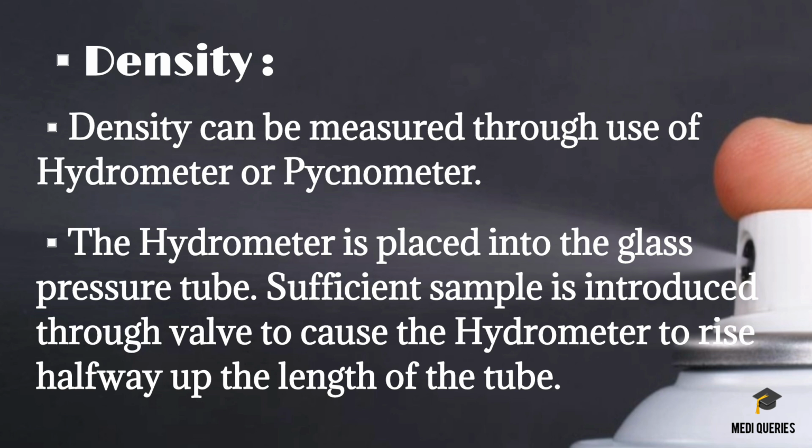A pressure tube is fitted with metal flanges and a valve, which allows for the introduction of a liquid under pressure. The hydrometer is placed into the glass pressure tube. Sufficient sample is introduced through the valve to cause the hydrometer to rise half the length of the tube. So the density can be read directly.